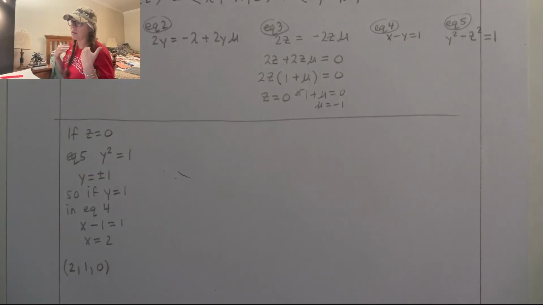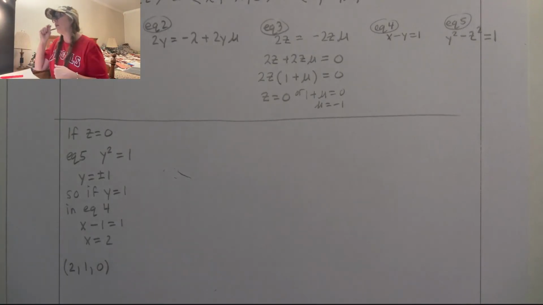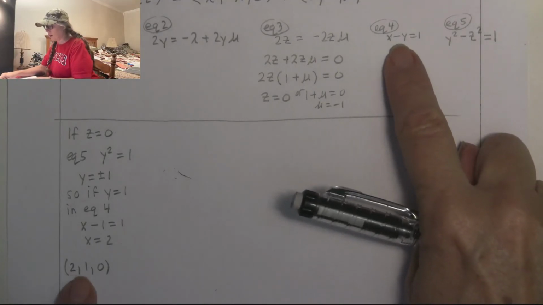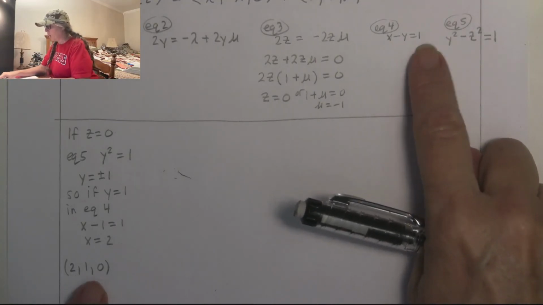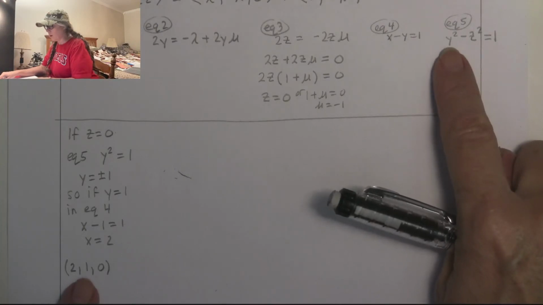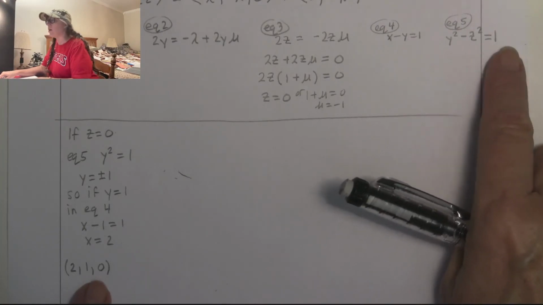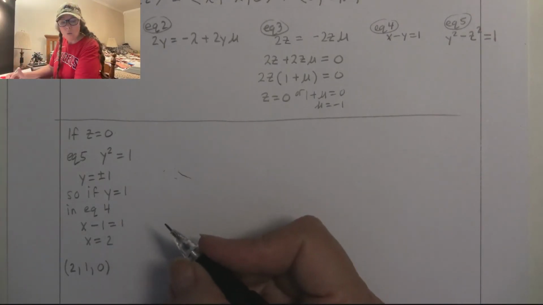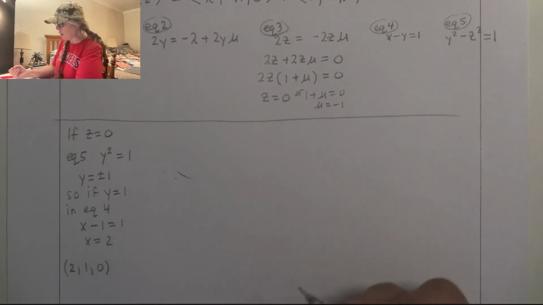So here 2 minus 1 is 1, and here 1 squared minus 0 is 1. So yay.